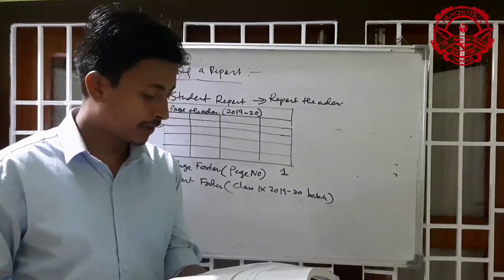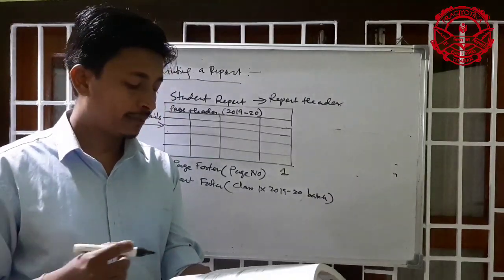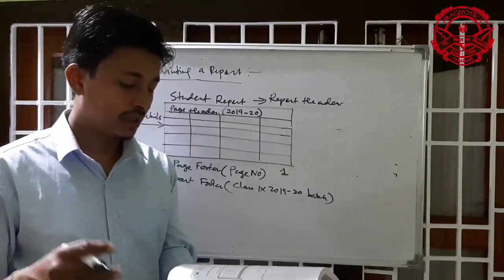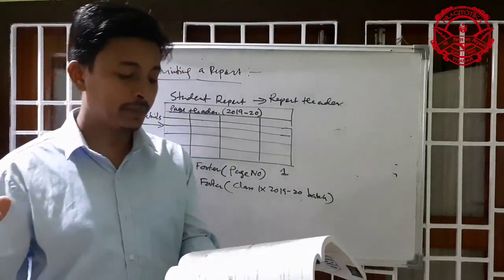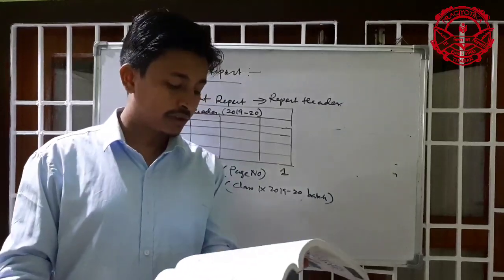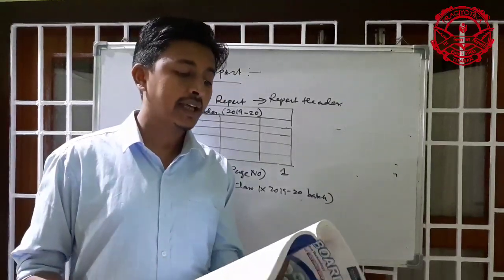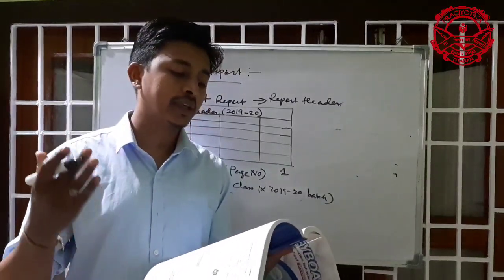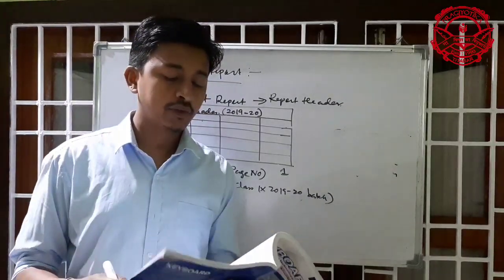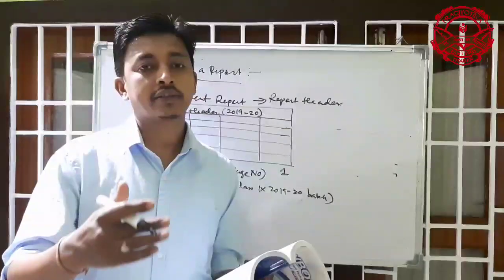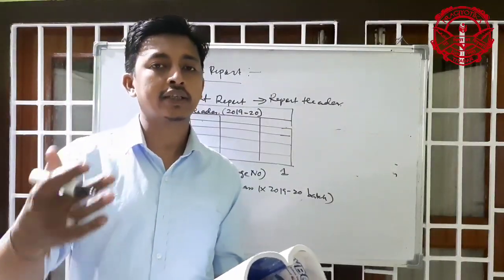After getting the reports, click the print preview button on the status bar. The print preview dialog box will appear. After that, the print preview tab appears as shown in the figure. Then click the print button to take a printout of the report. We can print the reports after getting the results.